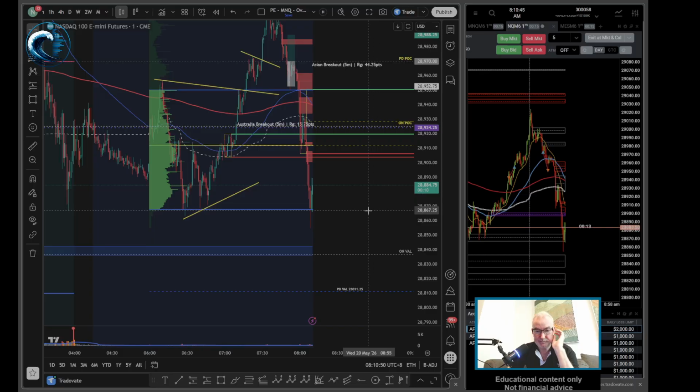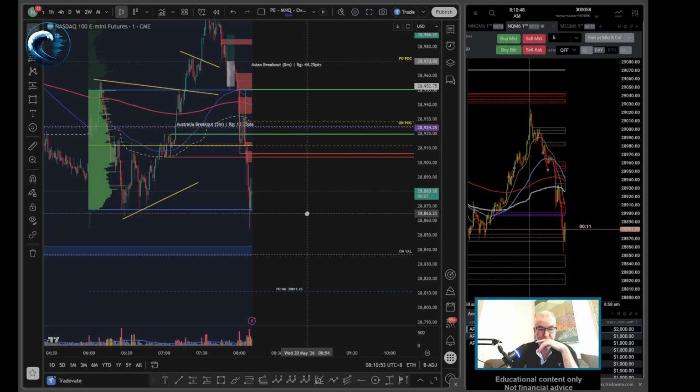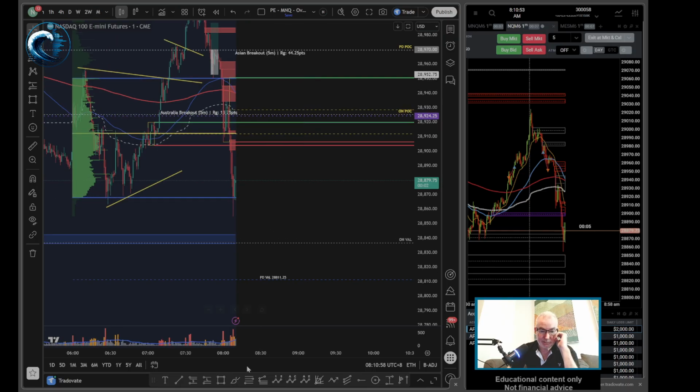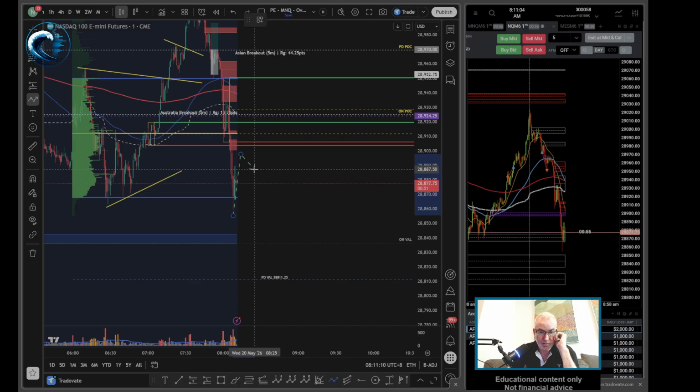What are we doing? Yeah, so for what it's worth, not that anyone will be listening to my trading at the moment, but I think we're going to just come up into this area. Play around here. Just chop around in this area and then start taking out this stuff into London.